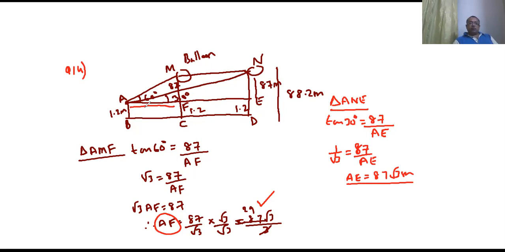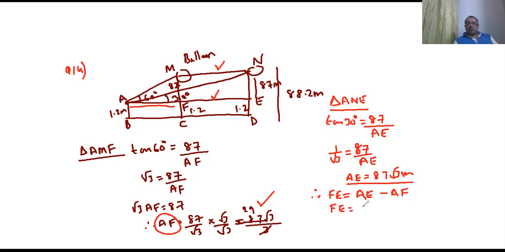Now, if I'm going to subtract AE and AF, I'm going to get the value of FE, and FE and MN are basically equal. So in the next step, I will find out the value of FE. And what is FE? FE will be AE minus AF, this is very clear from the diagram, and both these values we have found out.